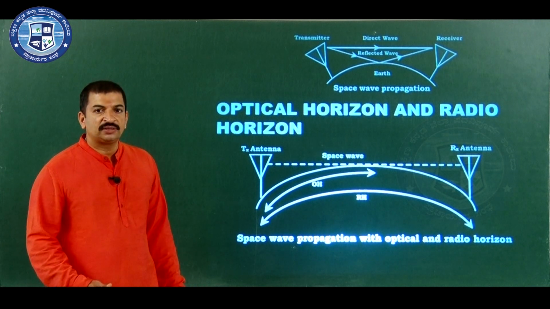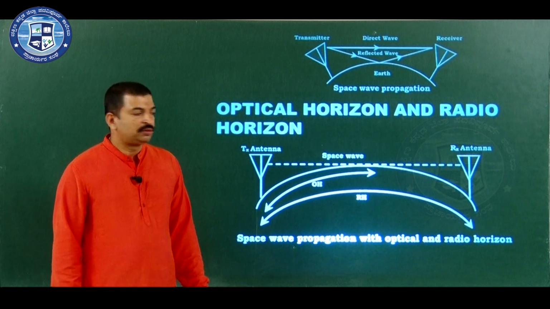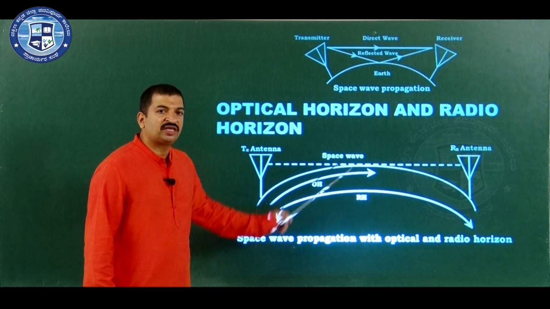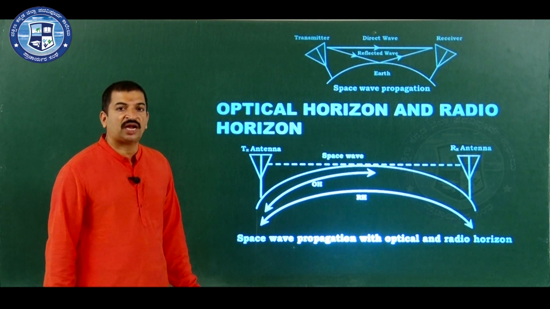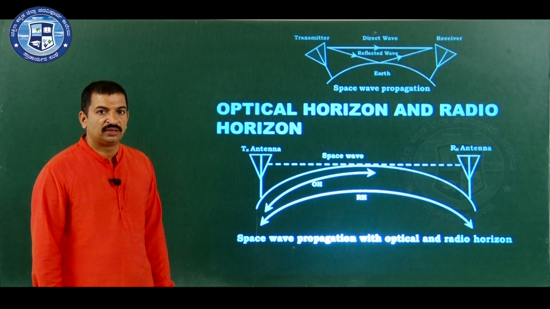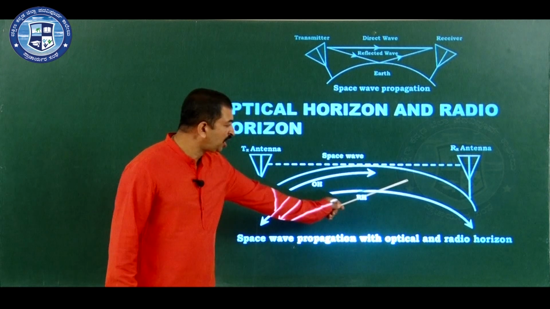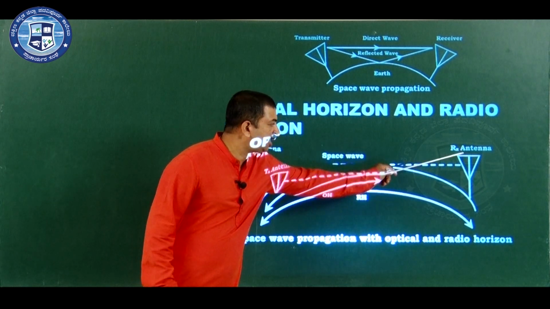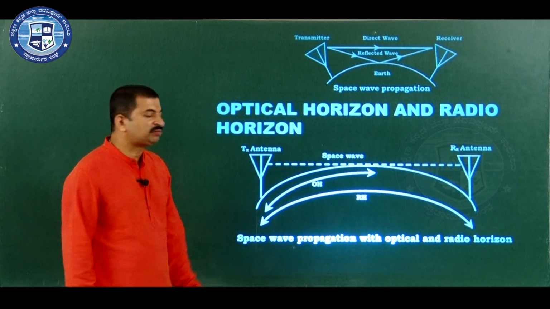It is found that if there is an antenna beyond the curvature of the earth, it also receives the signal from the same transmitter. How is it possible? Consider this is the receiving antenna beyond the curvature of the earth, it also receives from the same transmitter.